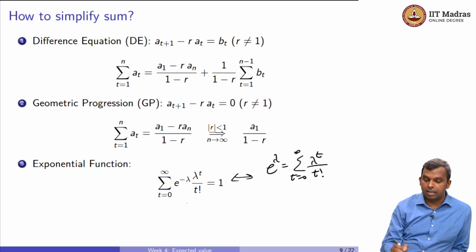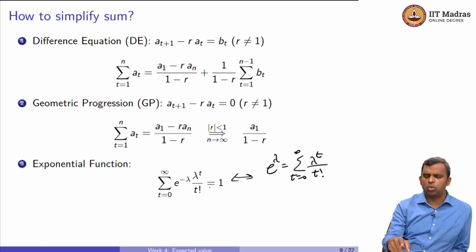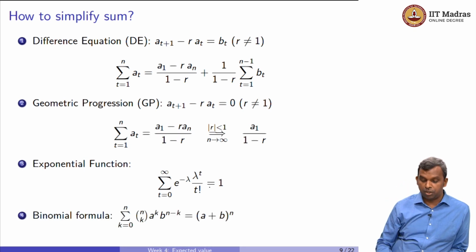This is the same property that leads to the Poisson PMF being a valid PMF. You add up all the probabilities of the Poisson random variable, you should get 1, no? And that happens because of this. So this is the exponential function. This identity is very useful, particularly when you want to work with the Poisson distribution. The first two are useful when you work with the geometric distribution. This one is useful for the Poisson distribution. For the binomial, this is very useful.